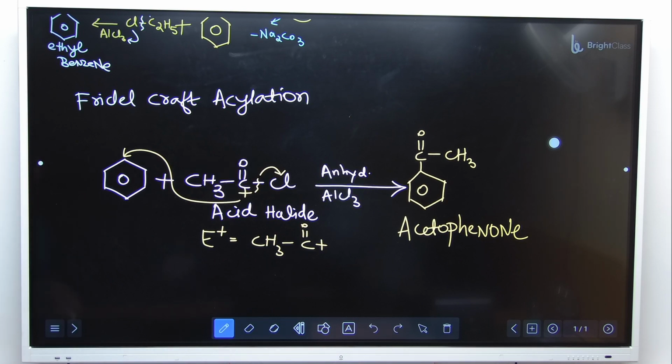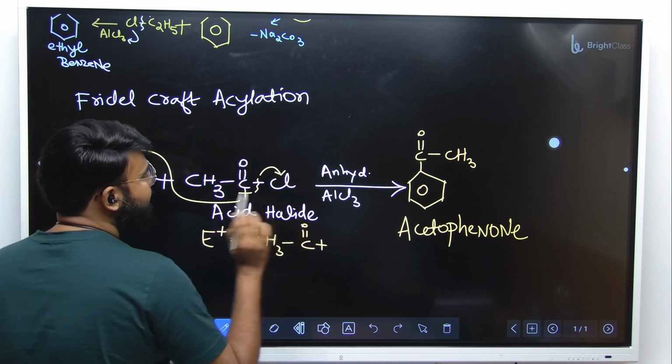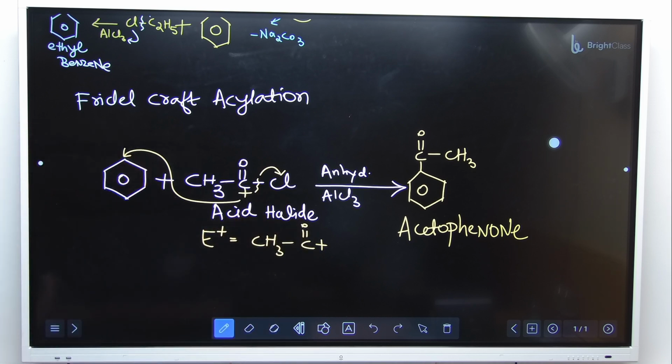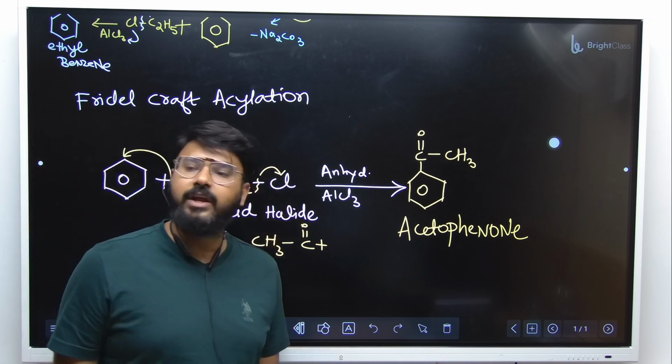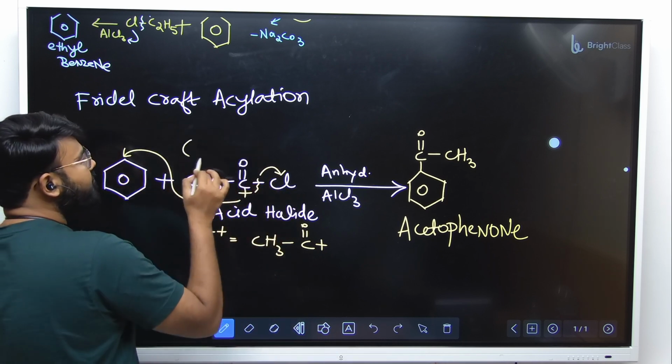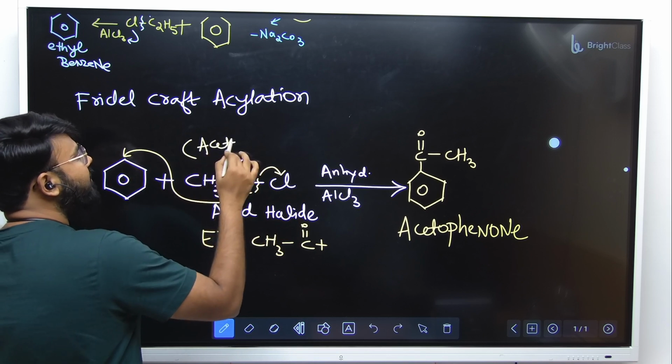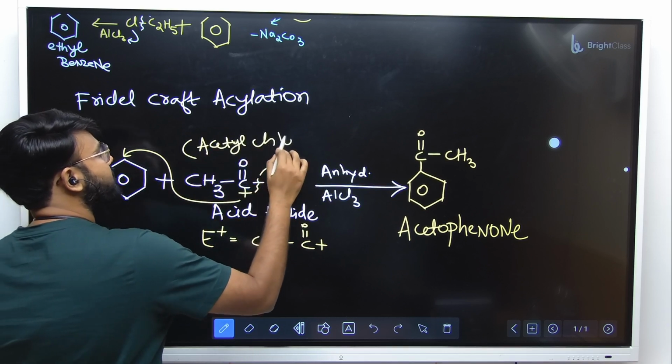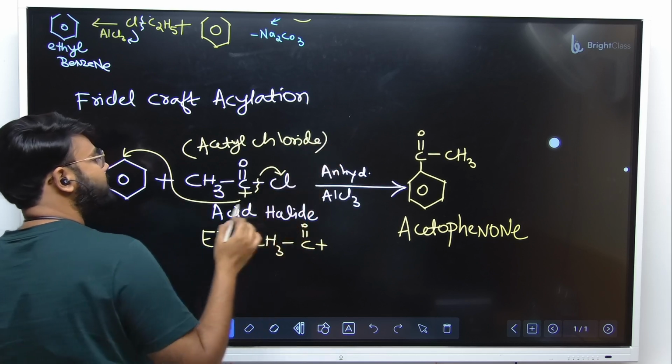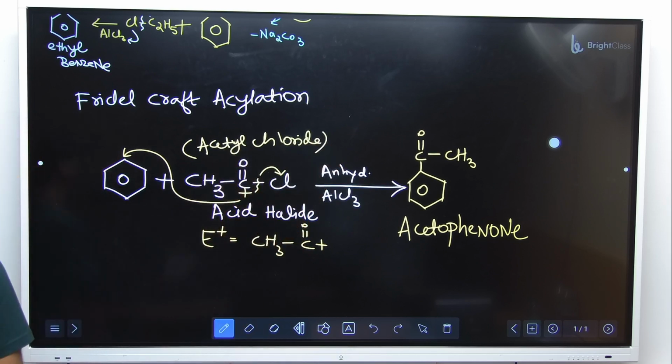This group is called acid halide. Because we have specified a chlorine here, the name of this compound is acetyl chloride. If they ask you what is the name of this, it's called acetyl chloride. Write it down. All of you take a note of this.